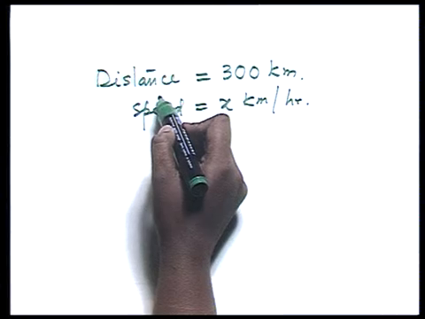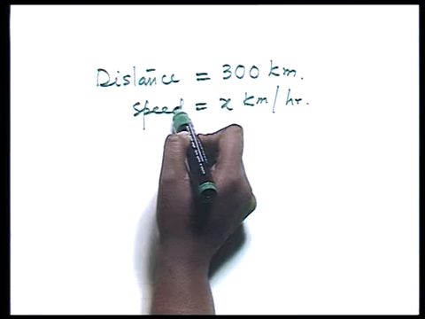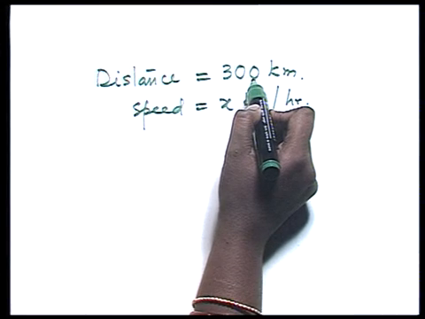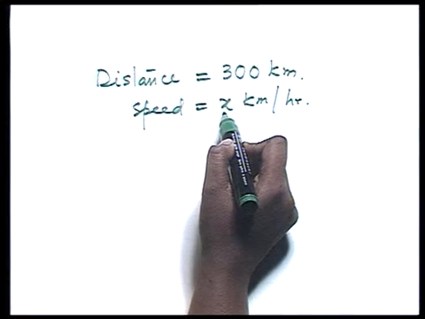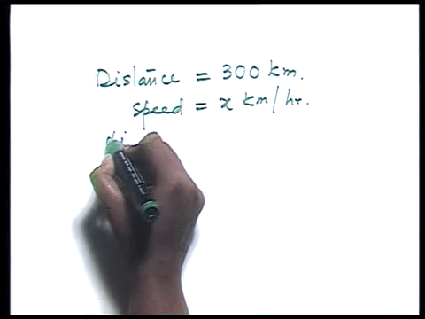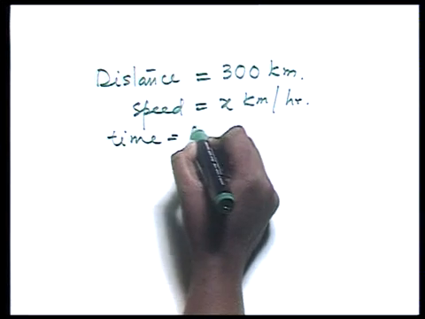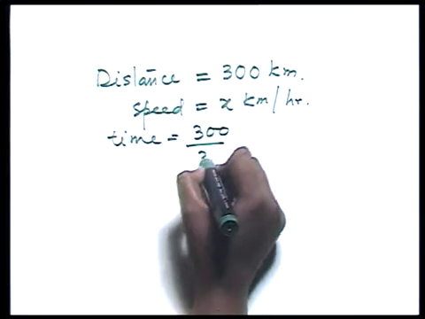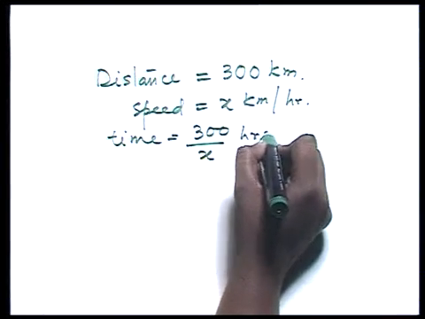Then we know that the time taken by this train in covering 300 kilometers of distance with the speed of x kilometers per hour will be equal to 300 upon x hours.